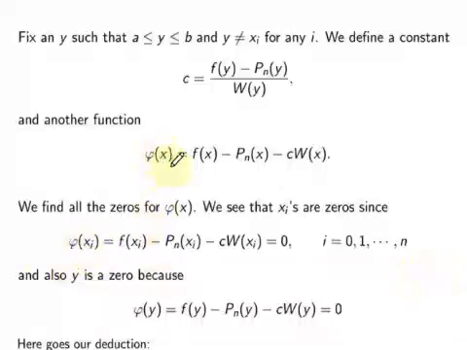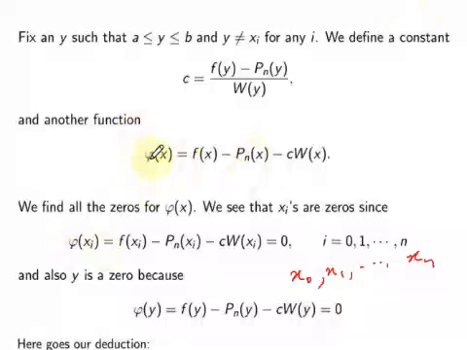All right. The x_i's, x0, x1, dot dot dot up to xn, these all are roots of this phi function, right? And what else? Notice the phi function here.